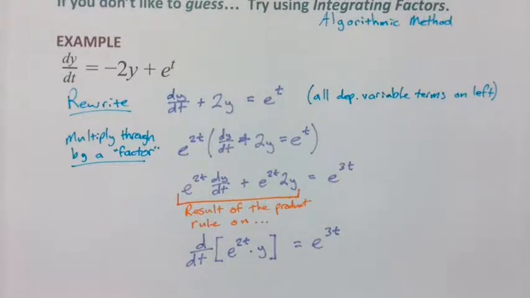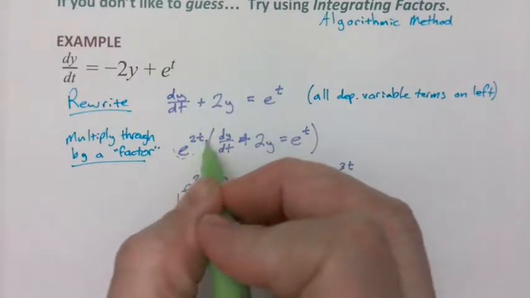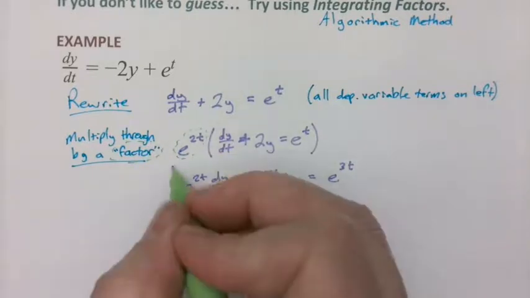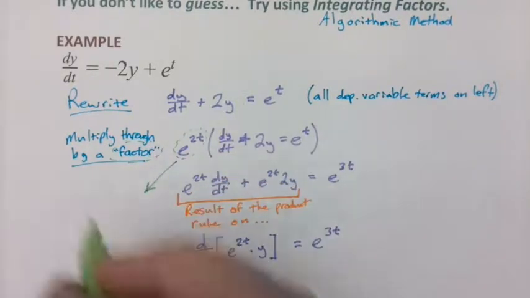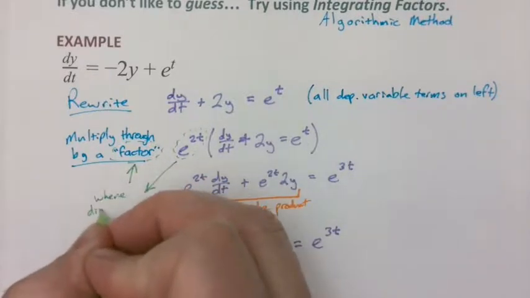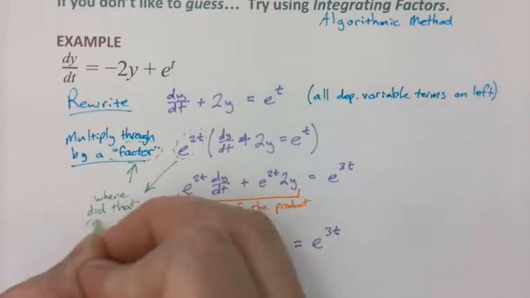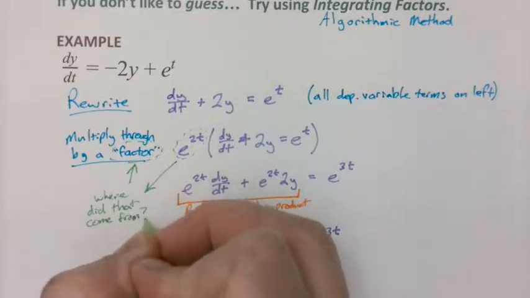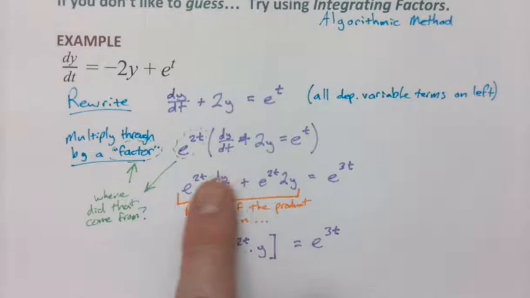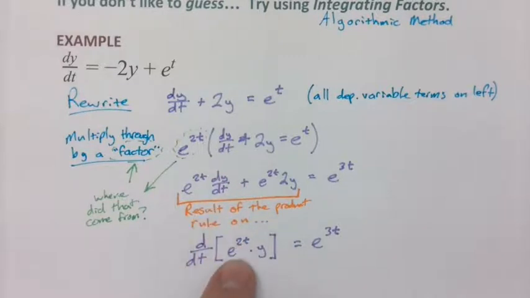By choosing the particular factor, what I called the mystery factor here, the question, of course, is where did that come from? That particular factor is what I needed to multiply through to wind up with an expression on the left-hand side that can be summarized using the product rule.